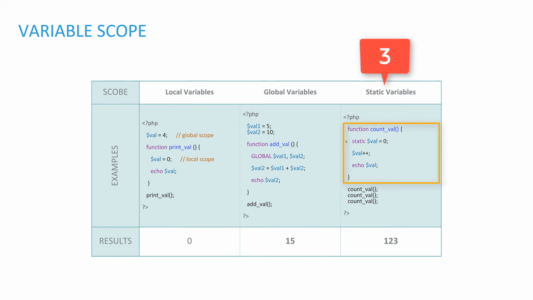We have declared the val variable with static scope and assigned 0 to it, and incremented that value by adding the ++ operator after the variable name. Each time we call the function, the output increments by 1. Here the function has been called 3 times, and each time adds 1 to the previous value. So this script outputs 1, then 2, and 3.